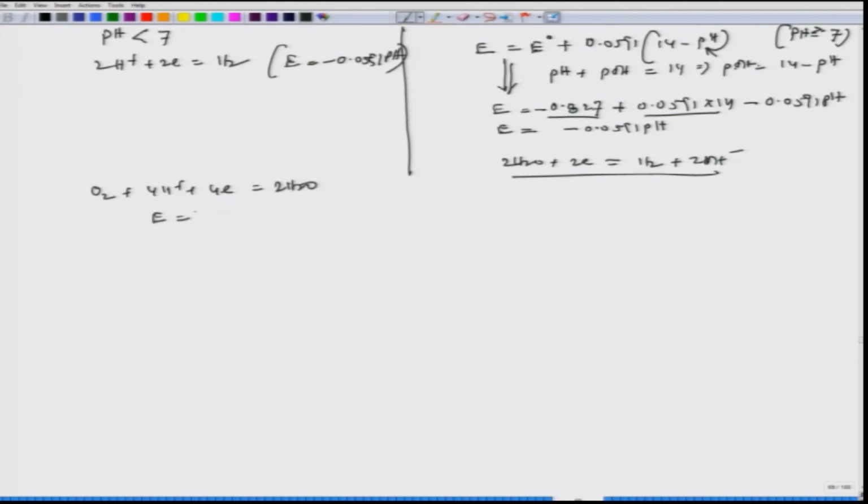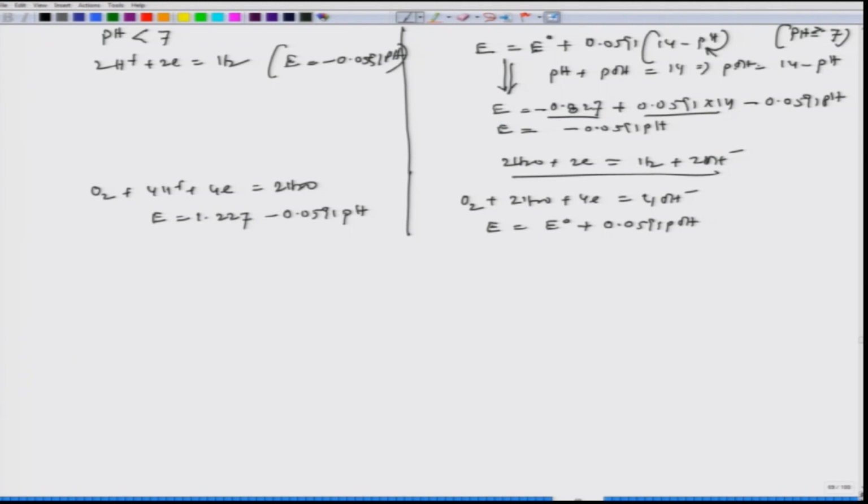There the equation is 1.227 minus 0.0591 pH, and on this side we also had another reaction involving oxygen plus 2H2O plus 4e equal to 4OH minus. In this case the equation would become E0 plus 0.0591 pOH.